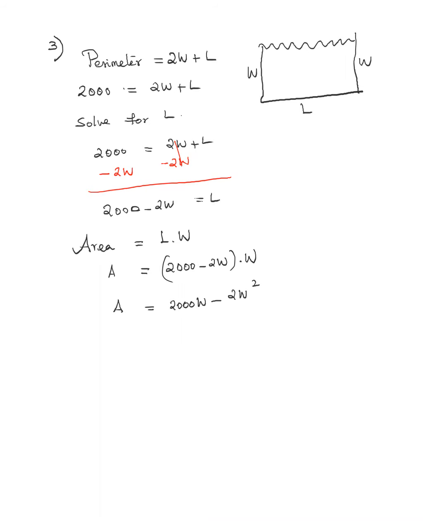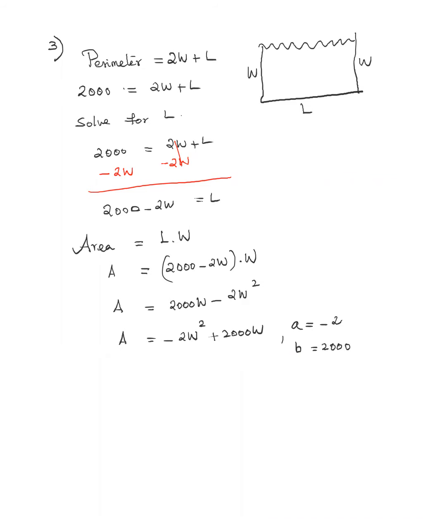Now, basically we are going to find the largest area. That means we have to find the vertex. So I'm going to rewrite this equation. It's good to have the square term first and then the next term. So where a is negative 2 and b is 2000.